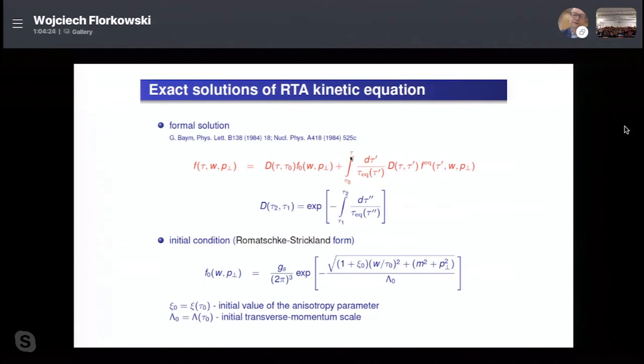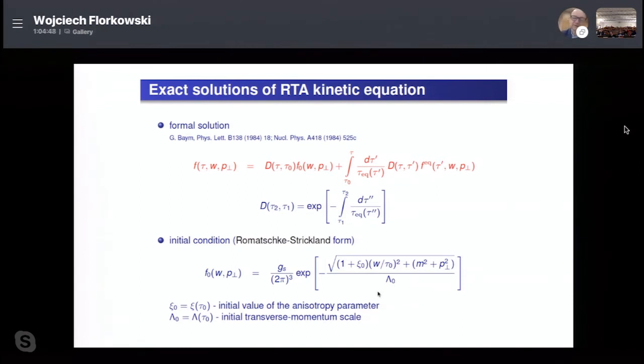So at tau equal to tau 0, at the initial time, the distribution is anisotropic, and the anisotropy in the momentum is defined by the parameter psi0, which is the initial value of the anisotropy in momentum space. And lambda0 is kind of an initial scale for the transverse momentum, so it is related to the effective temperature.